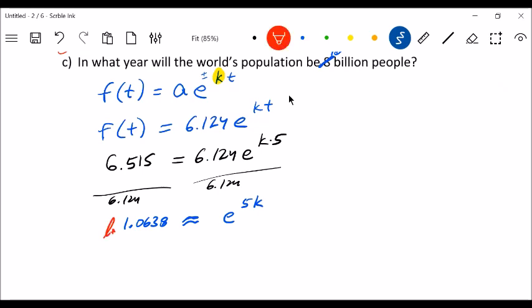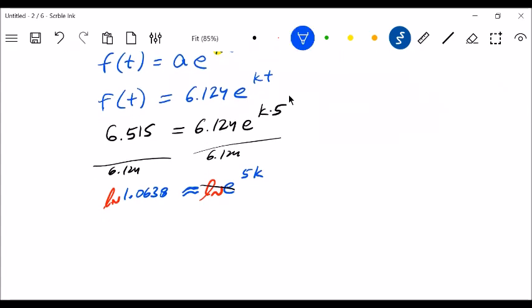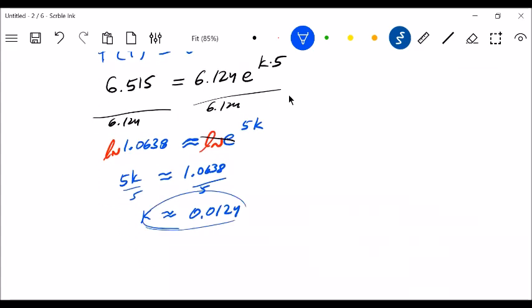Well, this is where we apply natural log to both of these, and that cancels that out. So we have 5k is approximately ln 1.0638, so k is approximately 0.0124. And if I move the decimal over, it's about 1.24% increase in population every year.